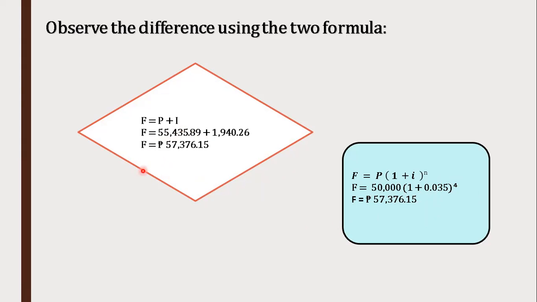You can use either of the two, whichever you are more comfortable with. But I suggest to use this one because it's easier in substituting the formula and it's more convenient. But if you don't feel comfortable with this formula, you can still use the per year. Solving it per year and you add them, that's how you do that. That's still okay.